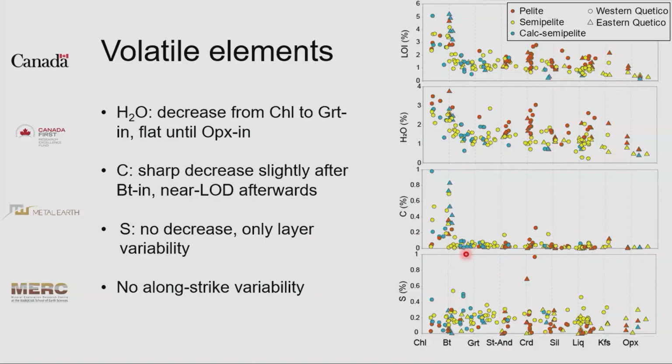But sulfur is really flat. The only variability we see is probably the layer-to-layer variability that we expect in sedimentary rocks. In both the major and volatile elements, there's not really any east to west variability in the data, so the protoliths appear to be very similar along strike.